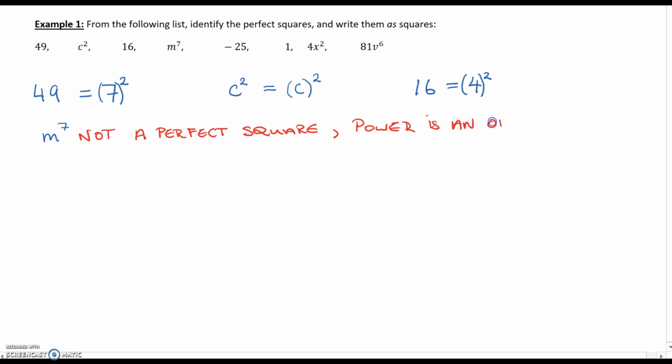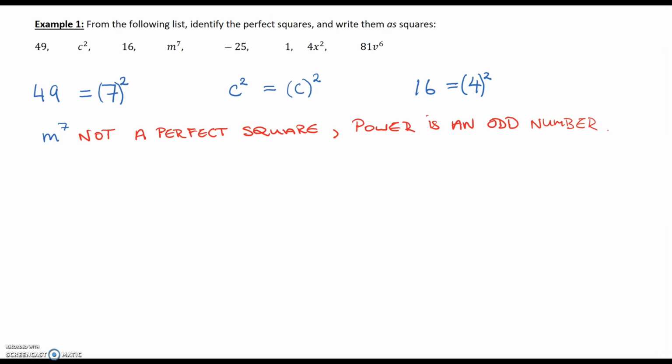If you have a variable and you want it to be a perfect square, it will be a perfect square if the power is even. Okay, so that's the first one we've seen that's not a perfect square.